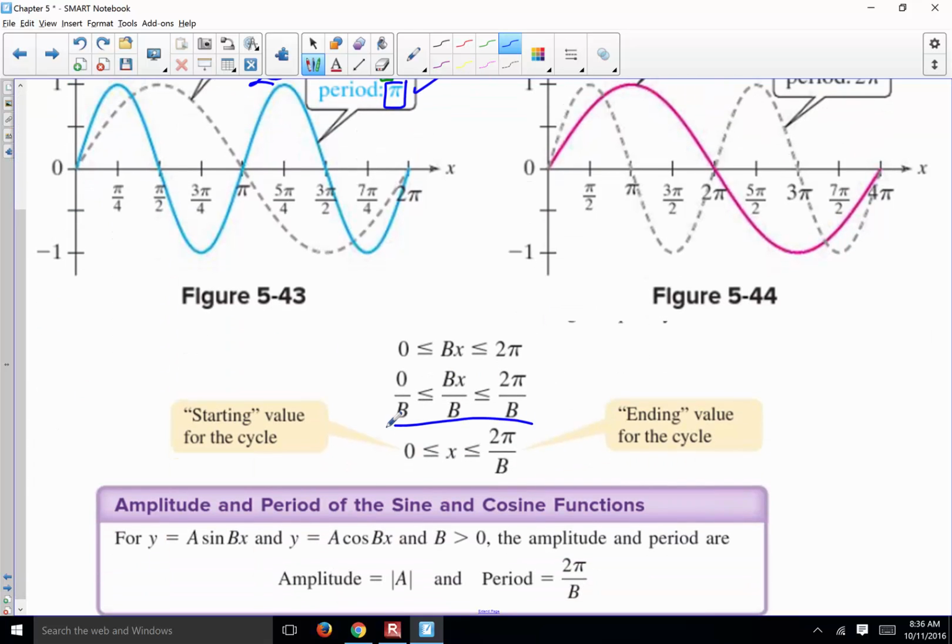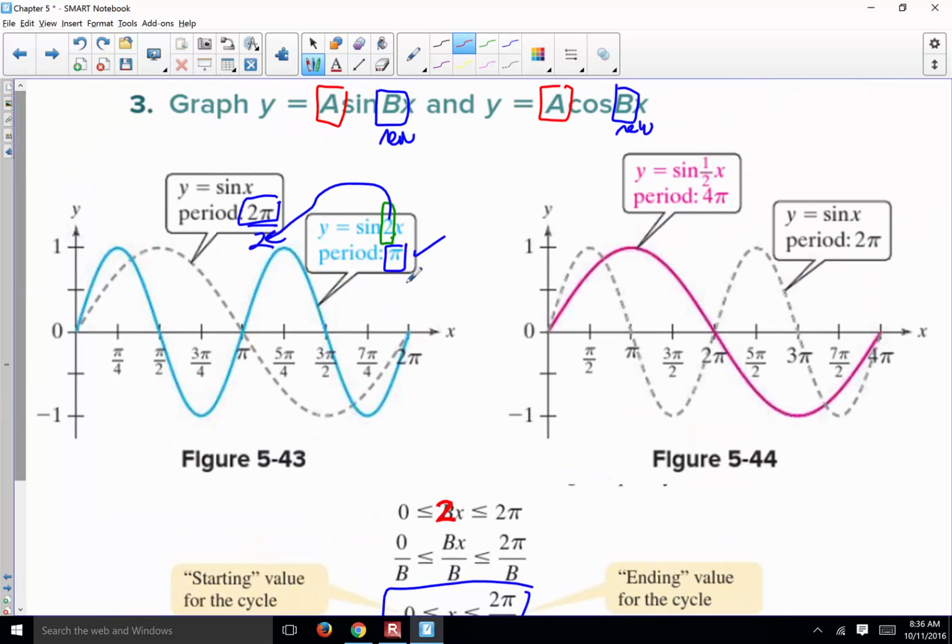This is the math you must be doing. Again, you start with 2x. You copy what you have here, 2x, into here. The regular period starts at 0 and ends here.